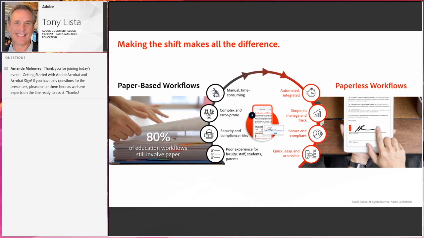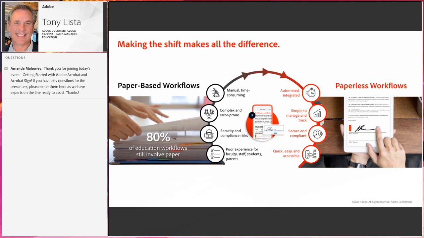IEPs, parent authorization forms, and school board minutes in K-12. How many of you deal with that on a regular basis? Recruiting and admissions, student services, dean authorizations, and HR onboarding in higher education. I bet you're challenged with that as well. Fundraising and constituent engagement in the nonprofit or government space. I know you feel these pain points.